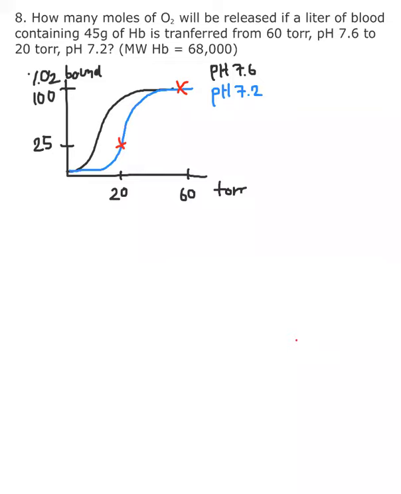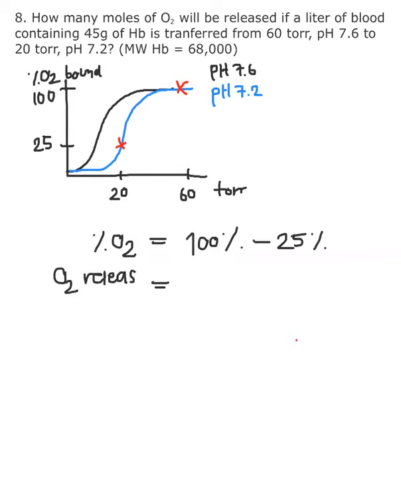So now we know that the percent of oxygen is changing from 100% to 25%. That means the oxygen that has to be released will be equal to 75%.